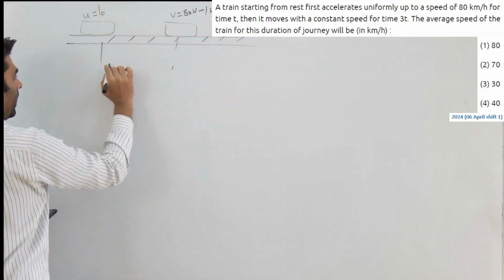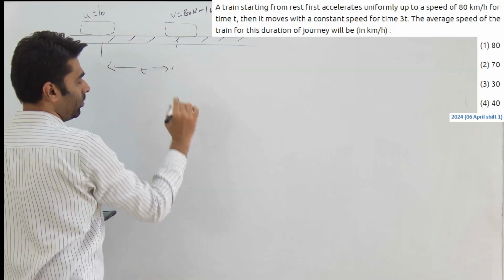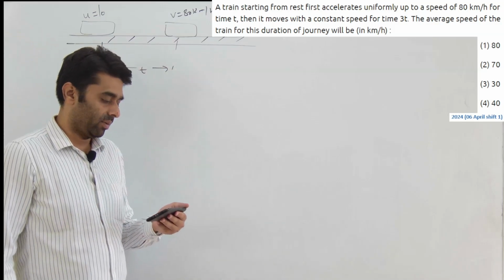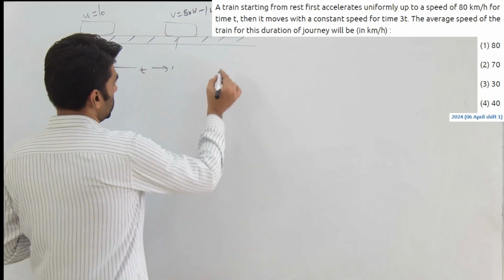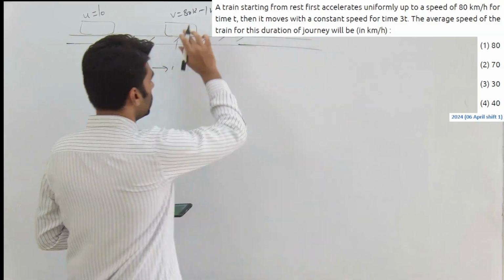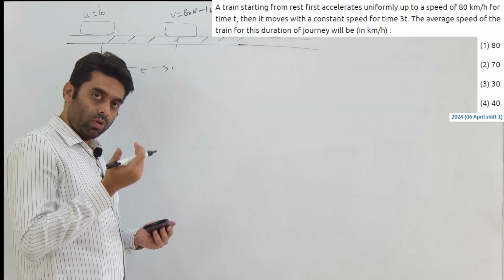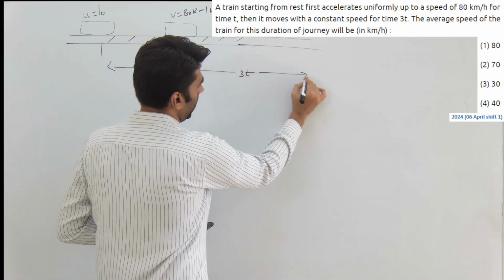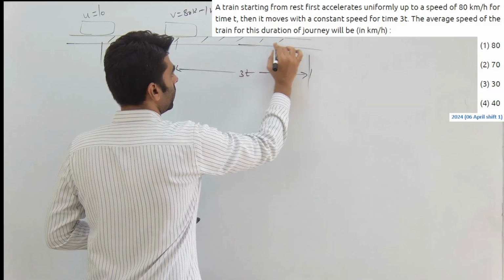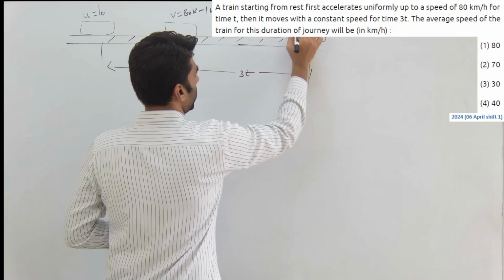All this happens in a time of t. Then it moves with a constant speed for time 3t. Constant speed, that implies once it has got 80 km per hour, for the next 3t time, it will move with a constant speed of 80 only.